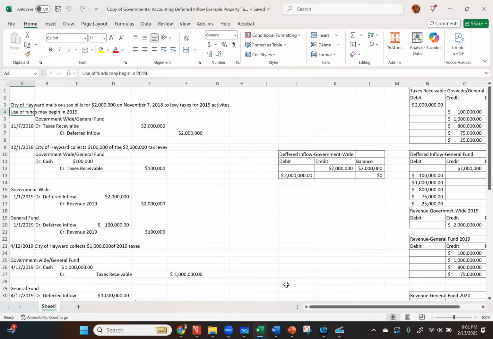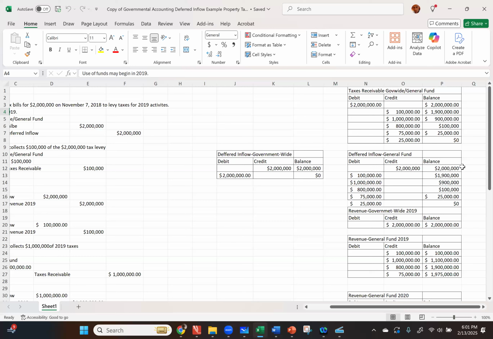Now, notice that the receivable and the deferred inflow are the same, both at the government-wide level and at the fund level. So I set up a receivable for us, both at government-wide and general fund. I'm not going to deal with cash here. I do have taxes receivable set up here, and it's the same for both as the money comes in.